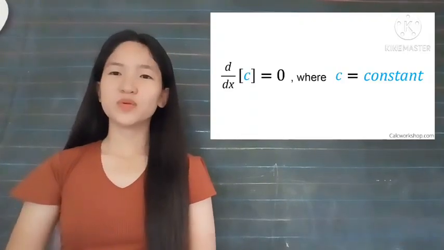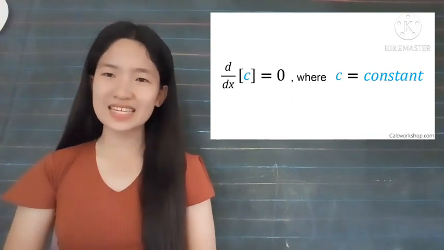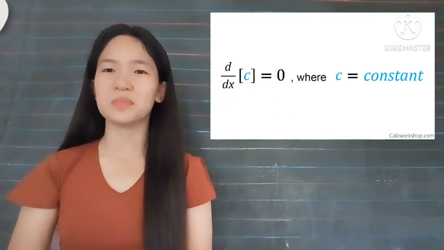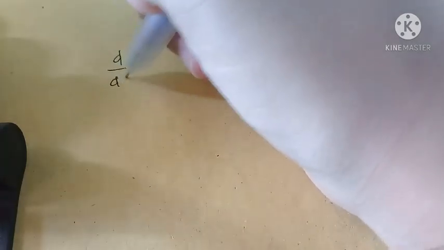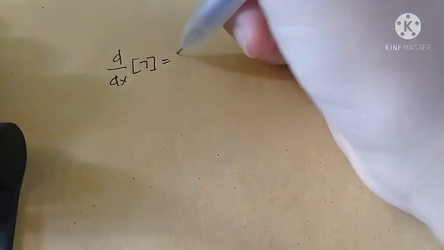For the constant rule, we have this formula: the derivative of c is equal to 0. Let me show you some examples. To differentiate 7, the derivative of 7 is equal to 0.